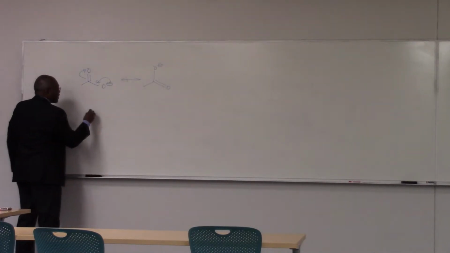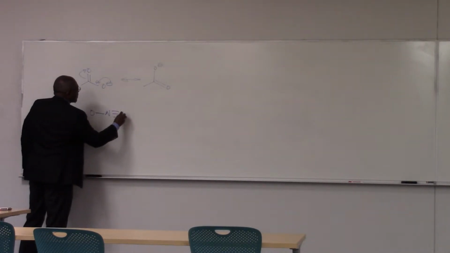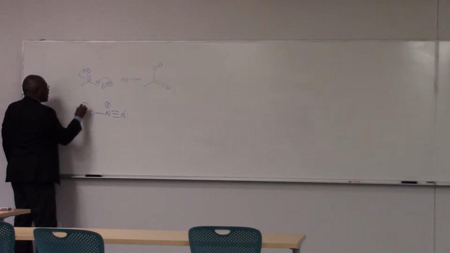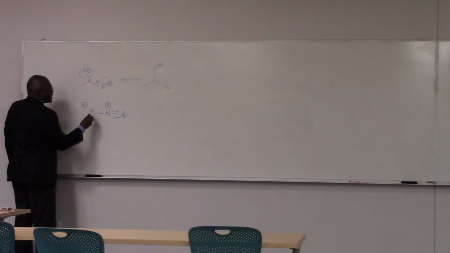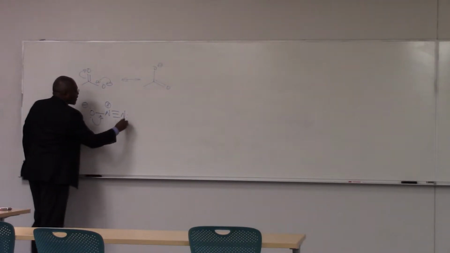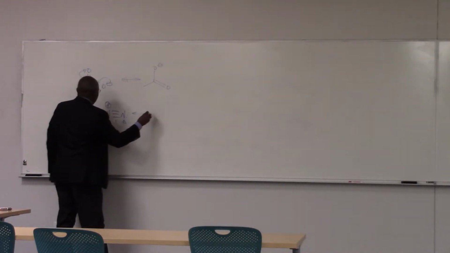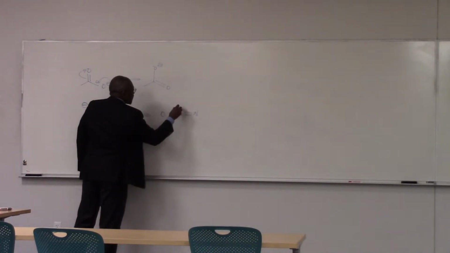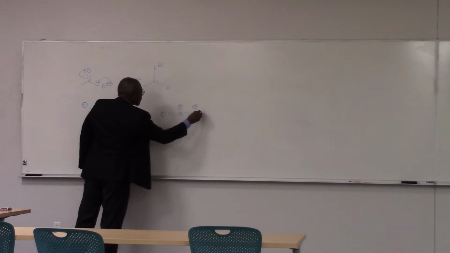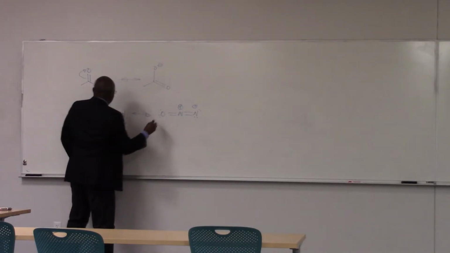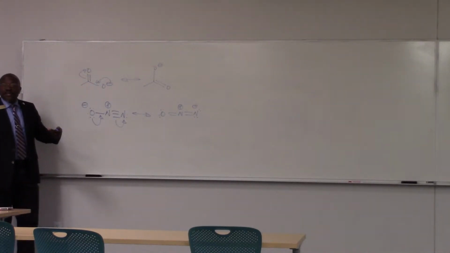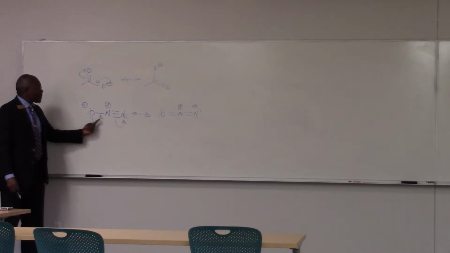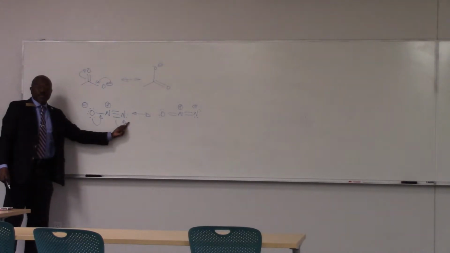If I have something like this species, or we've seen cases where we do this sort of resonance form, we end up with this entity. So we've got some familiarity with using curved arrows in the past. That lone pair of electrons becomes a pi pair, and a pi pair becomes a lone pair.